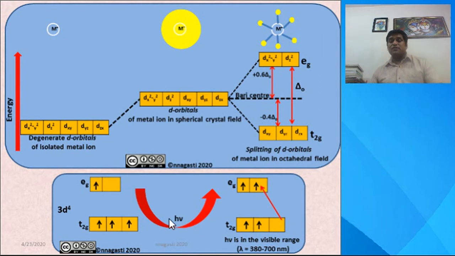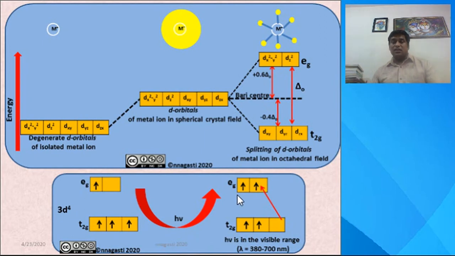And if this h nu amount of energy is in the visible range, having wavelength in the range of 380 to 700 nanometer, then we see a color. This is the fundamental behind color in transition metal compounds and complexes.